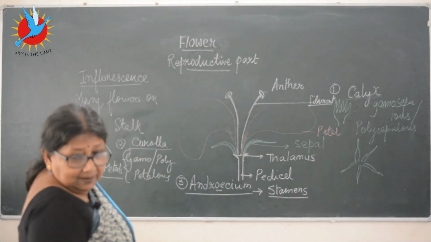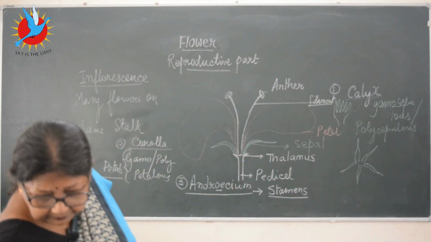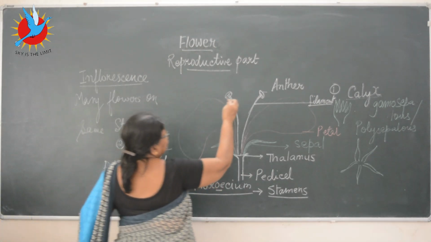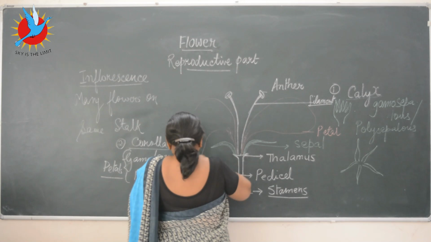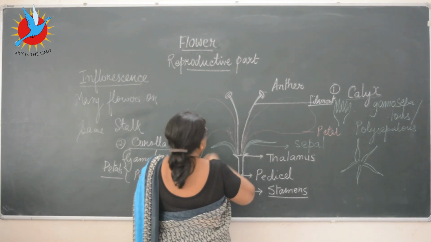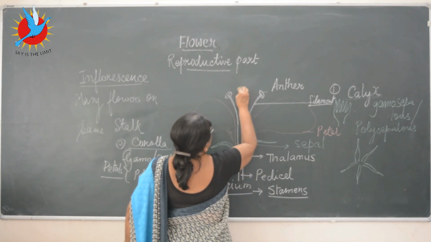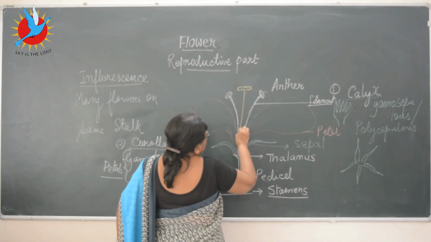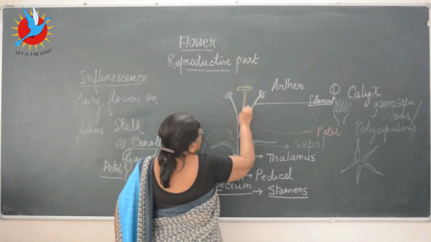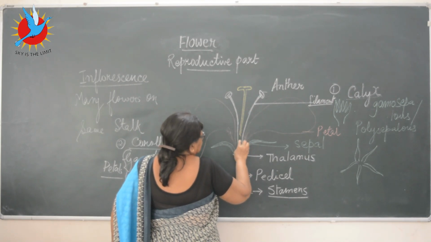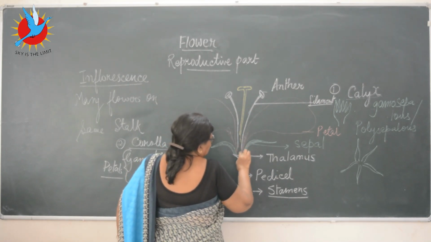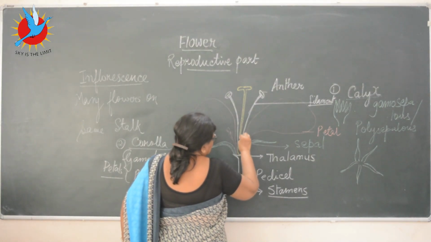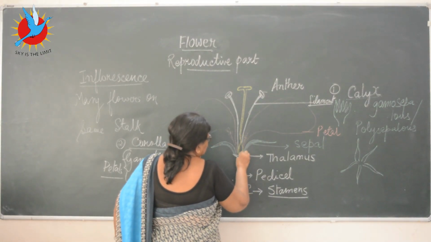Now we come to the innermost part. The fourth whorl. I said earlier that flowers have 4 whorls. This is one part, and at the base here, like this.